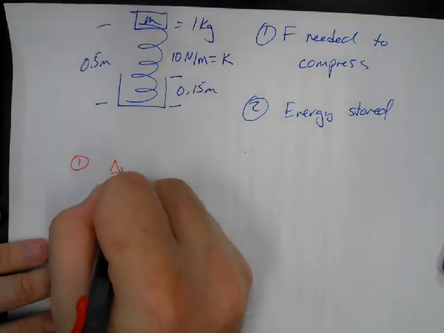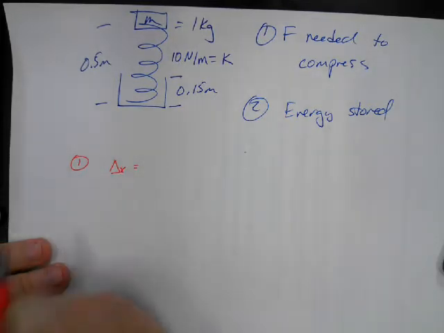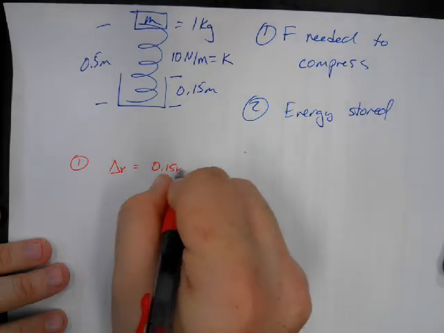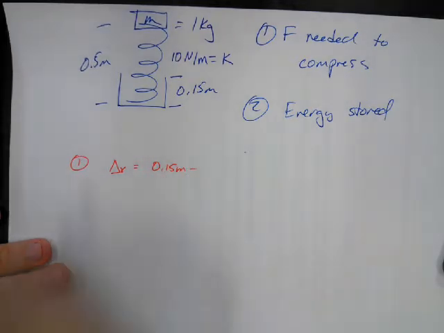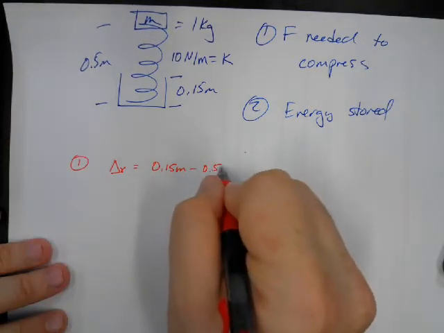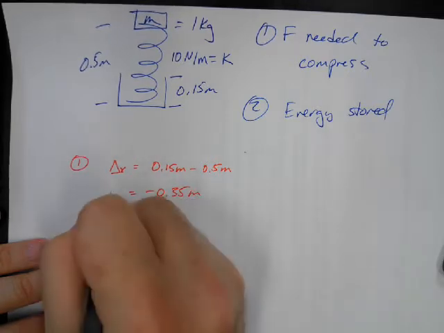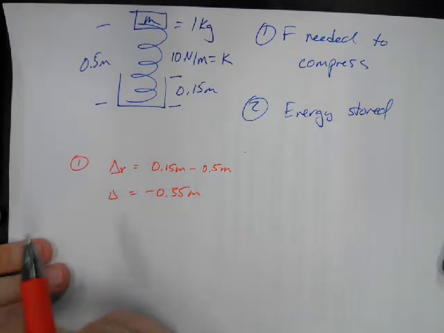So the force we need to compress, well, how far are we going to compress it? Delta x is the compressed length minus its natural length, which is now minus 0.35 meters.